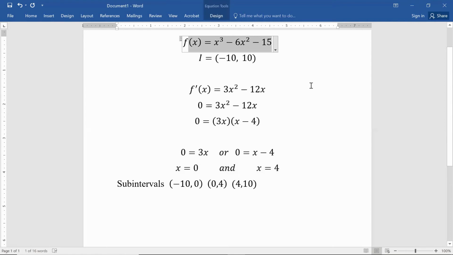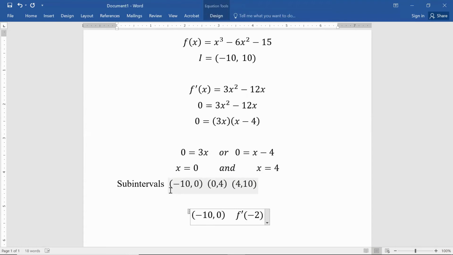So it can't switch from -10 to 0. All I have to do is pick out a number between -10 and 0. Let's pick out the number -2.